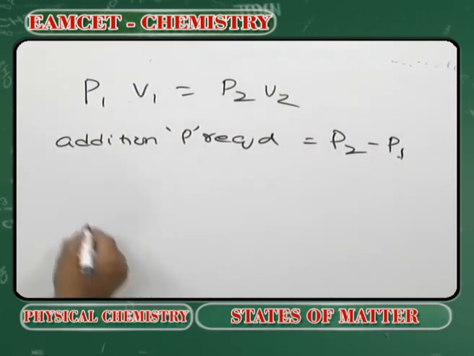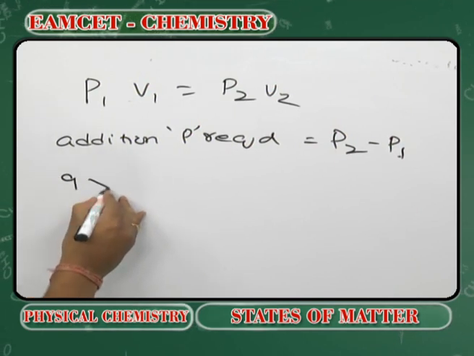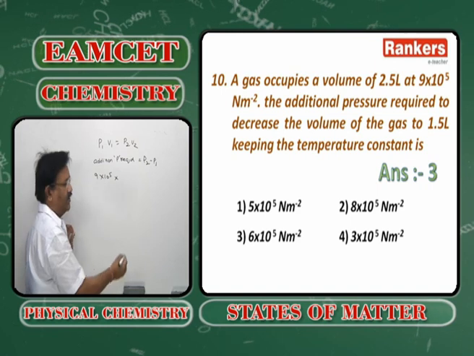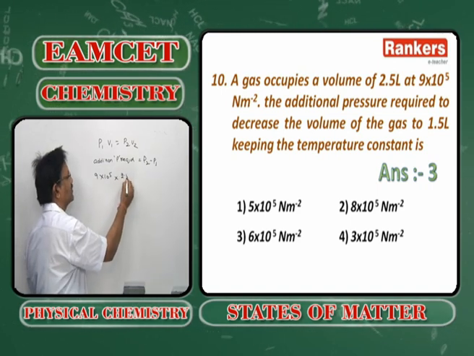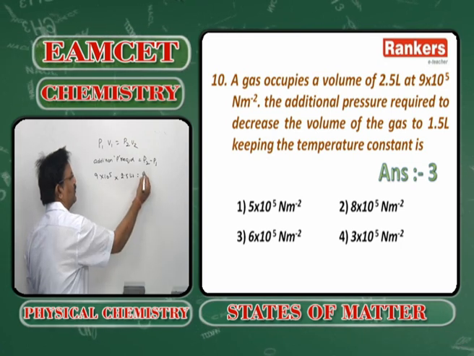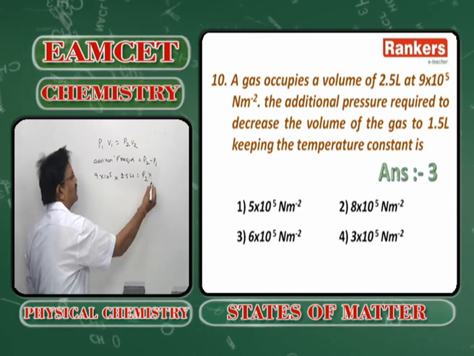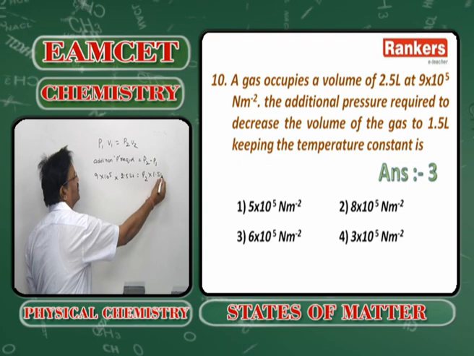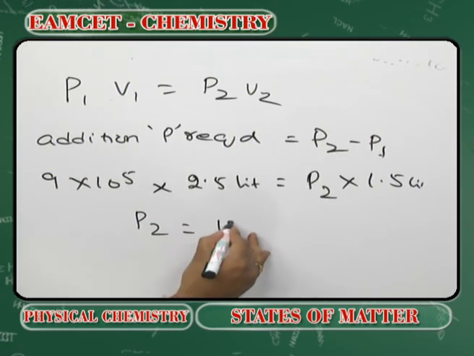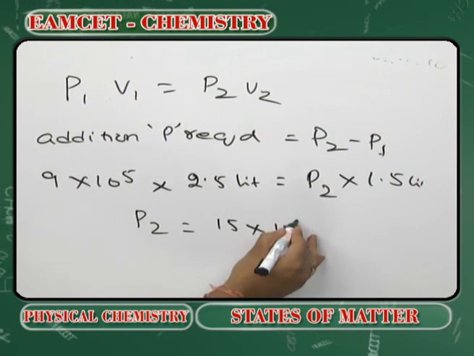What is P1? 9 into 10 to the power 5. What is V1? 2.5 liters. What is P2? We have to calculate. What is V2? 1.5 liters. From this, P2 will be equal to 15 into 10 to the power 5.